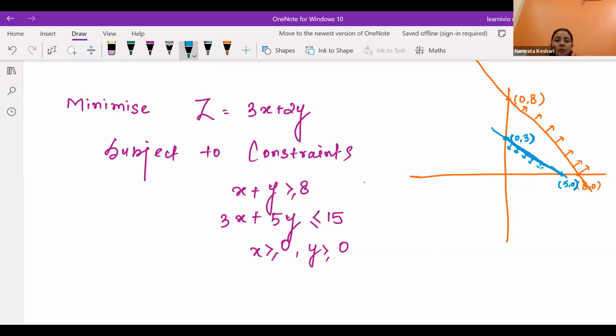So what will be the common solution? How to minimize this z? How will we be minimizing this z?